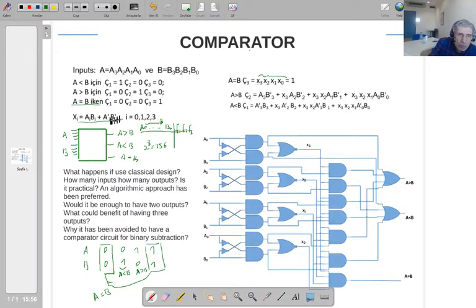You can represent this xi as an exclusive NOR function. I can show how it becomes like that. Ai XOR Bi is equal to Ai prime Bi plus Ai Bi prime. This is exclusive OR. To make it xi, you take the negation of it.